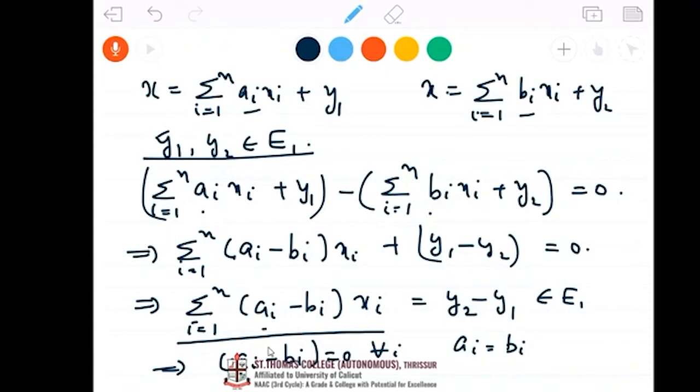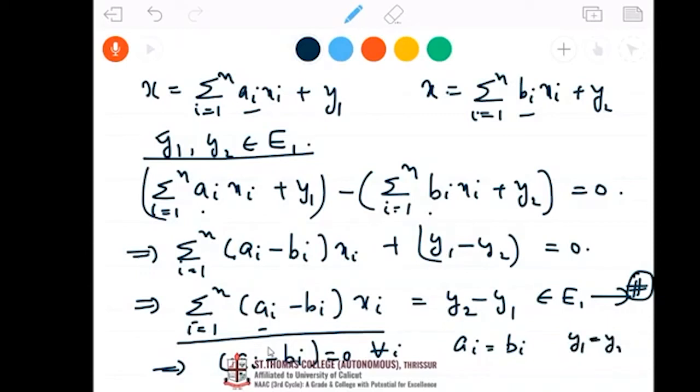If ai minus bi equal to 0 for all i, then look at this equality. The left hand side of this equality will be 0. Means y2 minus y1 is equal to 0. If y2 minus y1 is equal to 0, then y1 equal to y2.